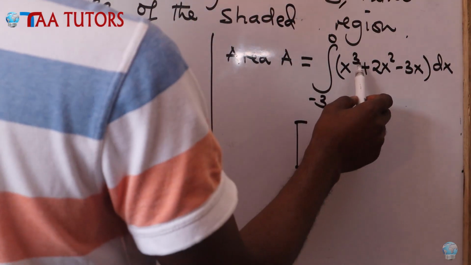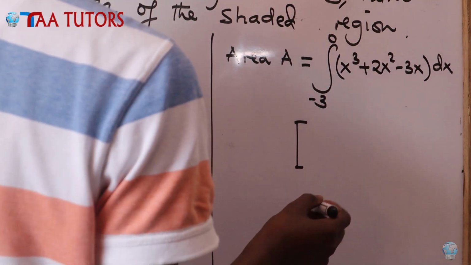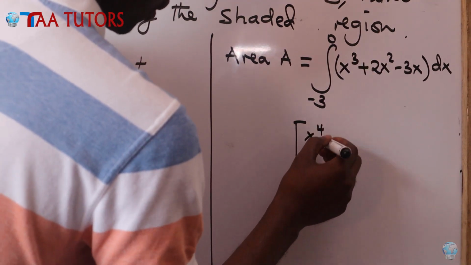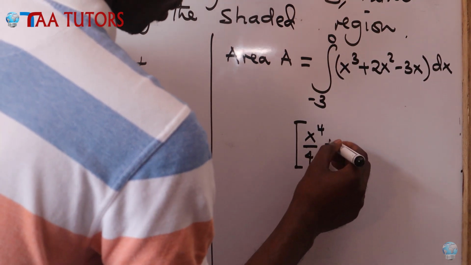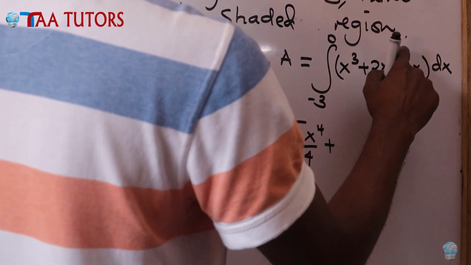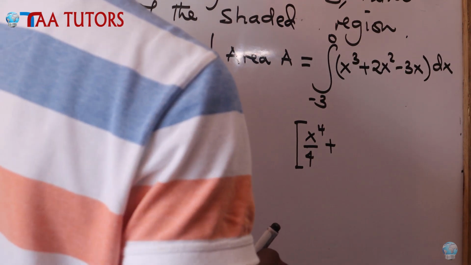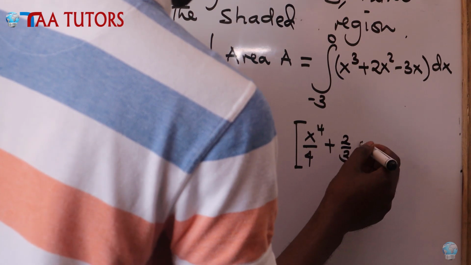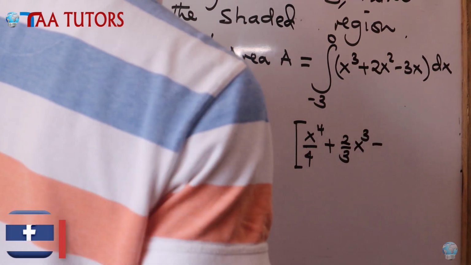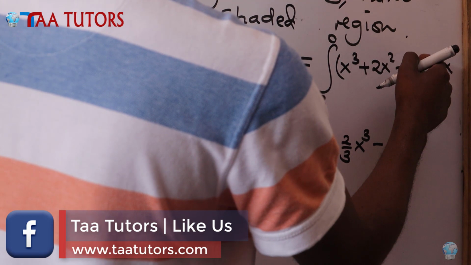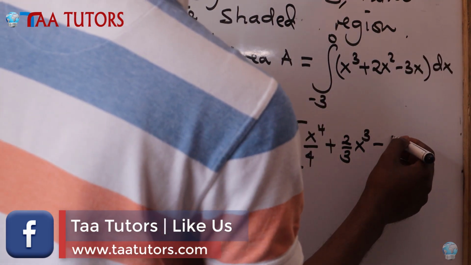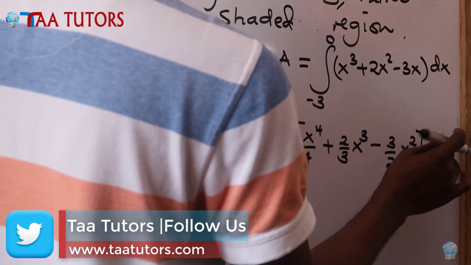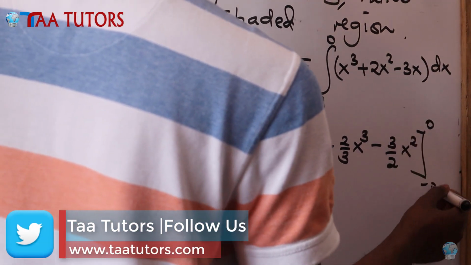When integrating, we add 1 to the power and divide by the new power. So it will be x power 4 over 4 plus 2 over 3 x power 3 minus 3 over 2 x power 2, with limits 0 and negative 3.